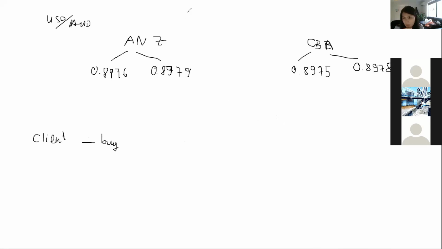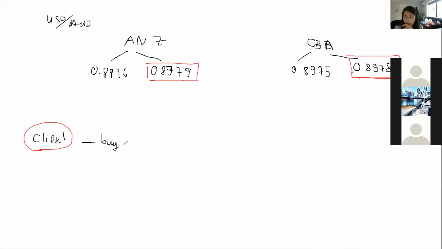So let me just use another color. If I'm a client and I want to buy from these banks, I'll be looking at their ask rate, so I'll be comparing their ask rates. Because I am a client, I trade at the opposite of the bank's rate. Whenever I want to buy, I look at the ask rate.